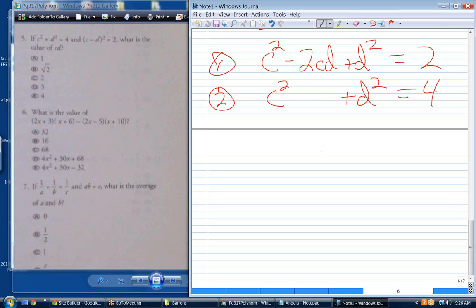What do you get when you subtract equation 2 minus equation 1? Sorry, I'm still reading it. Okay. You get 2cd equals 2. Okay.